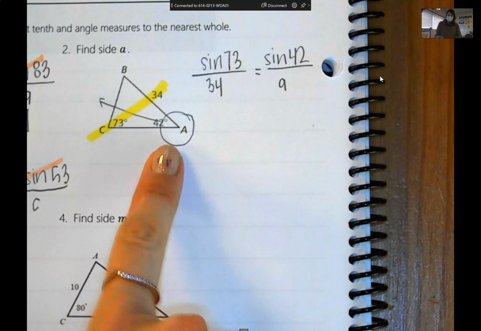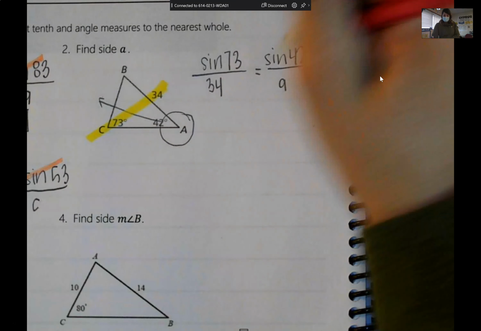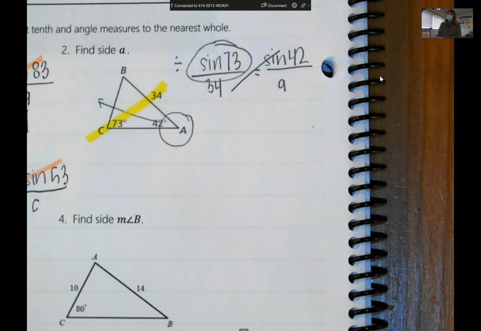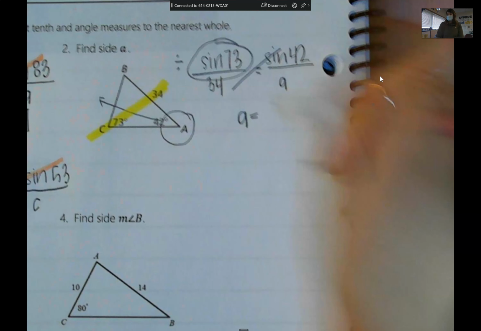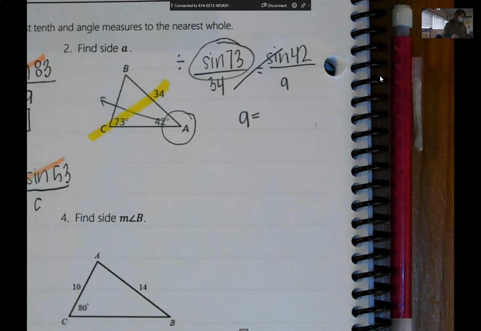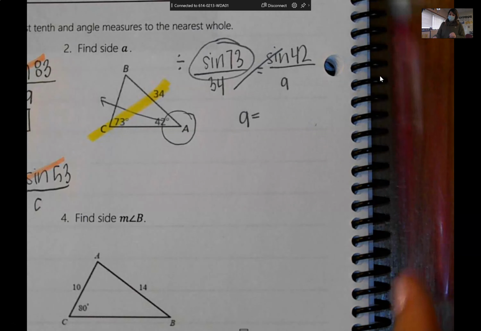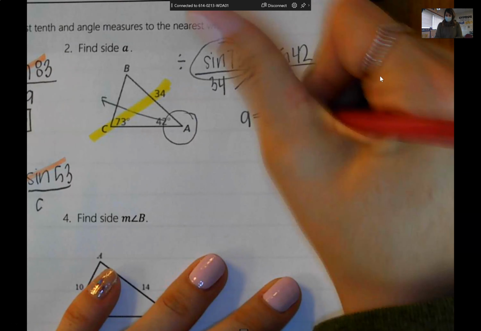I know that it's little a because I'm using angle A. And just like before, cross multiply, divide. So you guys plug it into Desmos to practice rounding because we're going to round everything to the nearest whole. Okay, I got 24.